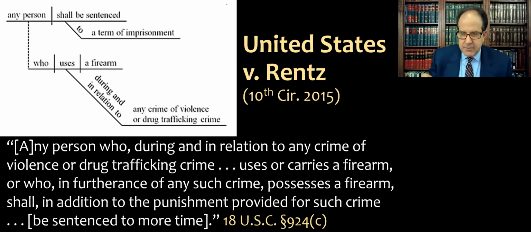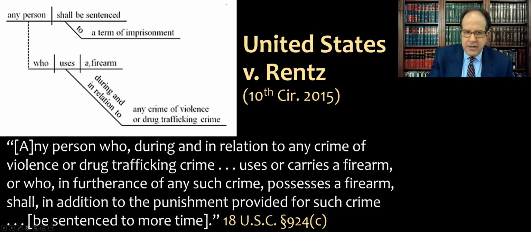Then we have this dependent clause, "who uses a firearm." We write that out almost as another sentence. "Who" is a pronoun, connected with a straight dotted line. You haven't seen that before, but that's how Judge Gorsuch connected it. "Uses" is the verb, and "firearm" is the direct object.